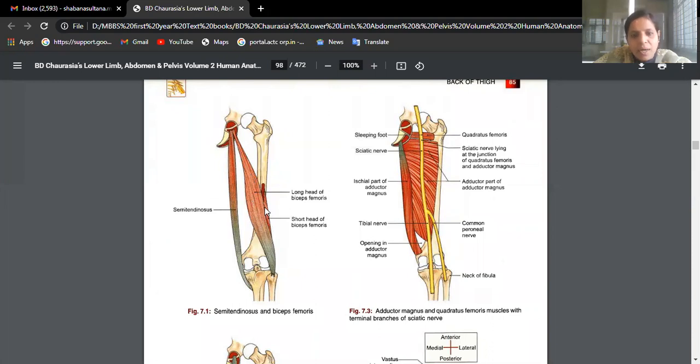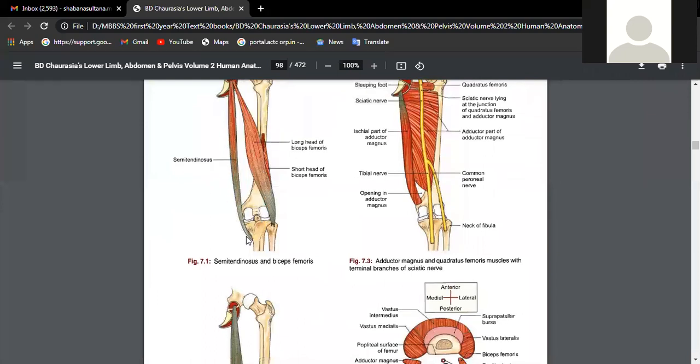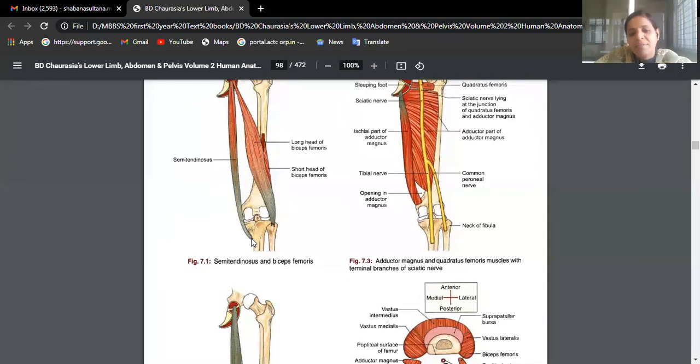Okay. Short head of biceps actually comes from the linea aspera, lateral lip of the linea aspera, lower 2/3.